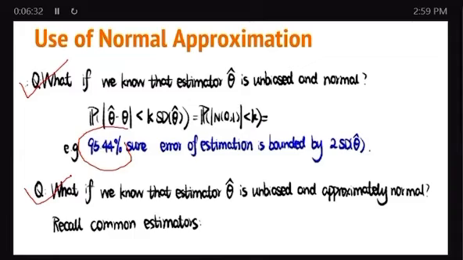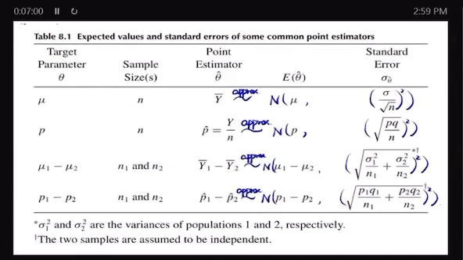Does that make sense? Let me tell you this: most of the common unbiased estimators, in fact the ones I showed you on Wednesday, are approximately normal. Initially, they were not. For instance, the binomial is not symmetric, but it can be normal if the sample size is sufficiently large. That is why I'm asking you to recall the common estimators.